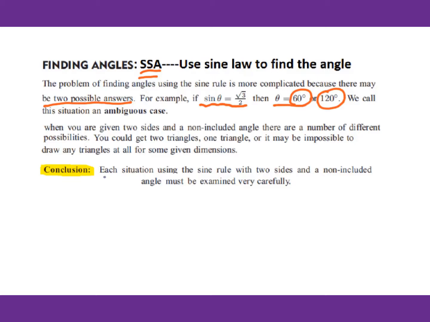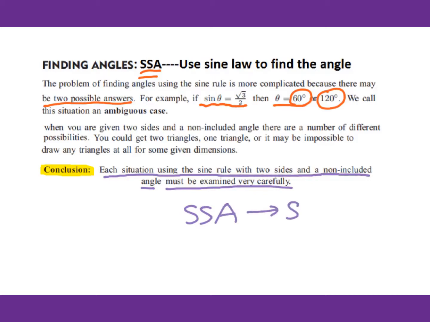Conclusion. Each situation using the sine law with two sides and a non-included angle must be examined very carefully. That means when you deal with SSA to figure out S, we have to use cosine law.